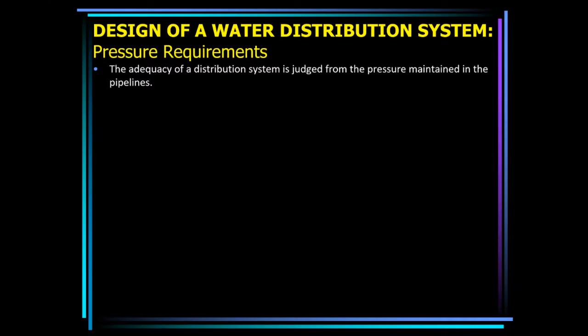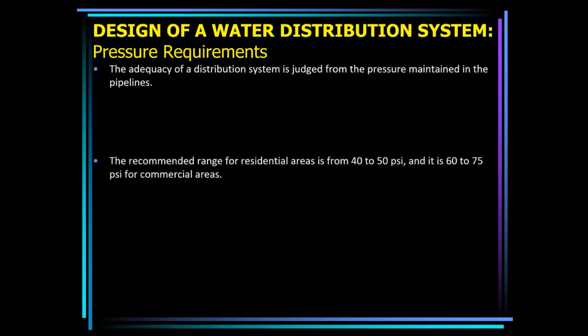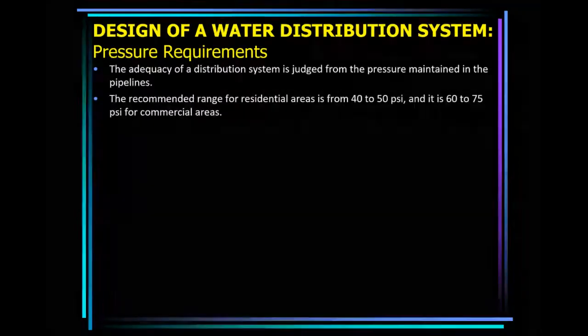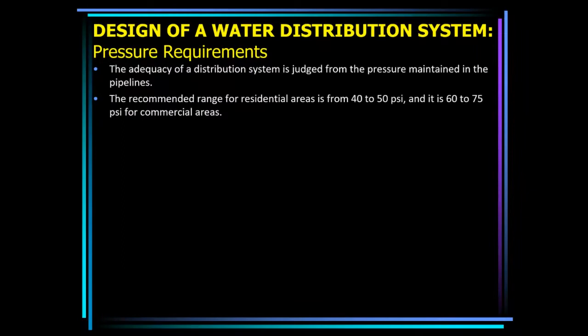The adequacy of a distribution system is judged from the pressure maintained in the pipeline. So this is very important. The recommended range for residential areas is 40 to 50 psi, that's pound per square inch, and it is 60 to 75 psi for commercial areas.